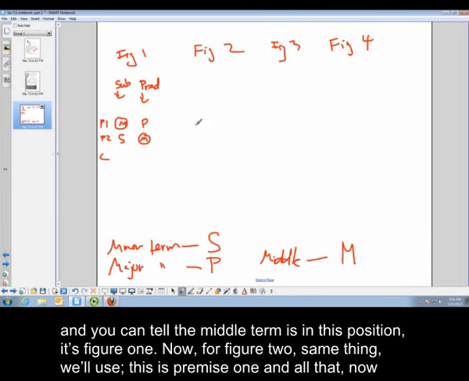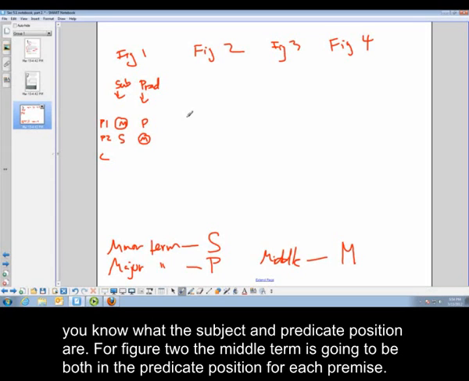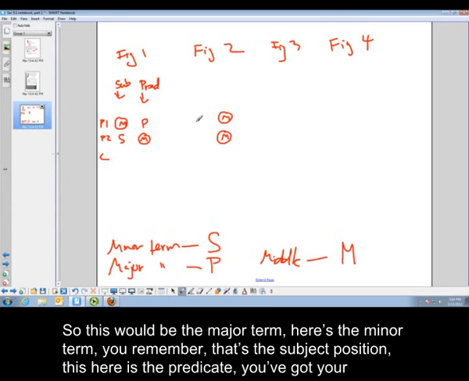Now for figure 2, same thing, this is premise 1 and all that, and now you know what the subject and predicate positions are. For figure 2, the middle term is going to be in the predicate position in both premises. So this would be the major term. Here's the minor term.